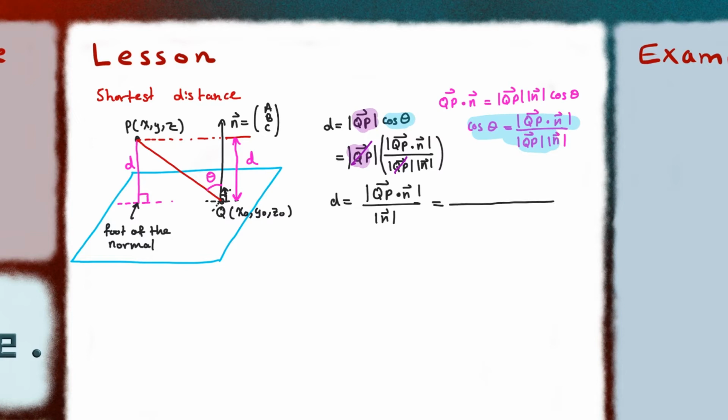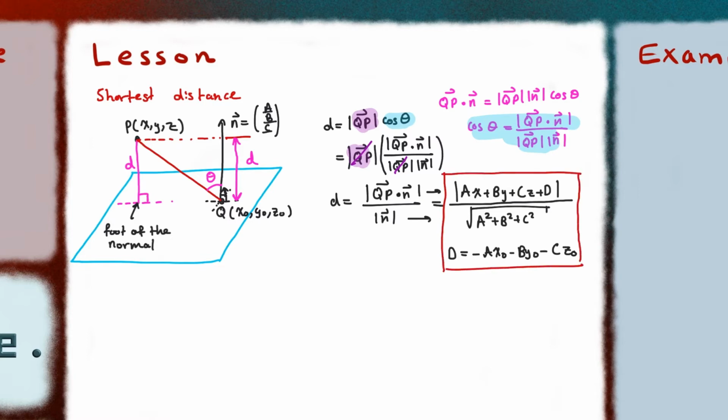We have all the components of QP and vector n, and if we put them together, we will get the magnitude of ax plus by plus cz plus d over the magnitude of the normal, which is the x component squared plus the y component squared plus the z component squared, and that's the square root of a squared plus b squared plus c squared. And here the d value is negative ax naught minus by naught minus cz naught. And that's the expression that we can use to find the shortest distance from a point to a plane.